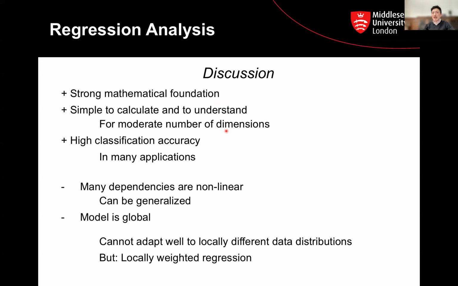If you don't have very high dimensions, calculating the distance between the points and the regression line is quite straightforward to do, at least conceptually. And in many applications, it has quite good performance.